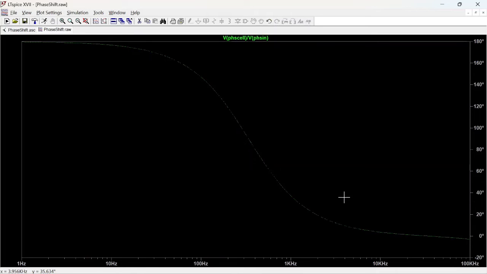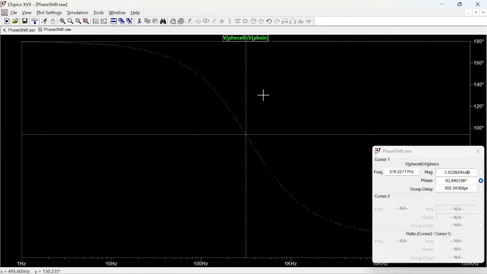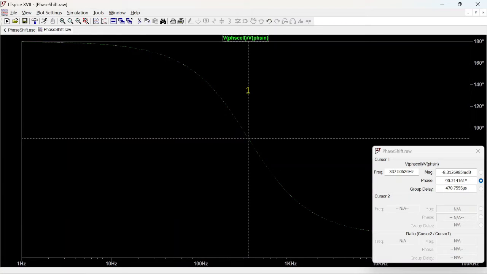So to have any effect, we have to shift phase by 180 degrees. What the hell does that even mean? Let me show you here. If you look here, you'll see the phase shift. So if I say 90 degrees, this is happening.